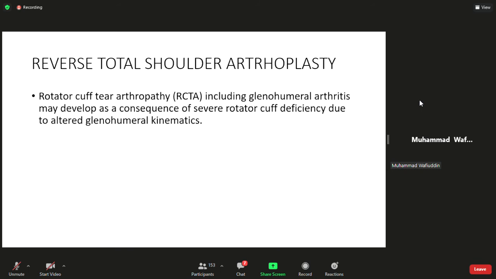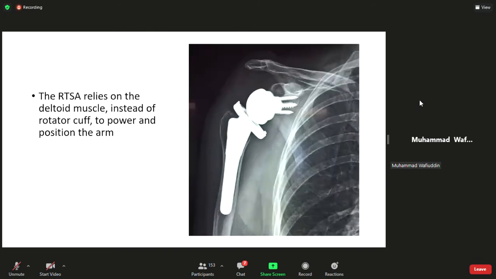Okay, if the X-ray shows arthropathy, which is osteoarthritis, you know this is an advanced disease, so the rotator cuff itself has become atrophied because of the progression of the disease. Okay, but the patient complains of pain. So what we can offer the patient is a reverse total shoulder arthroplasty. However, because the rotator cuff has already gone, the muscle has already lost function, so it depends on the deltoid muscle.